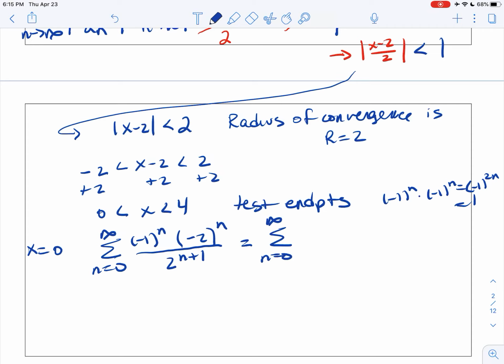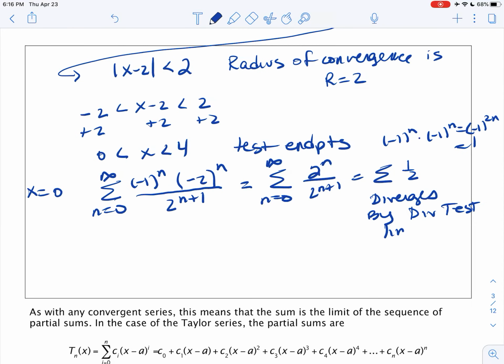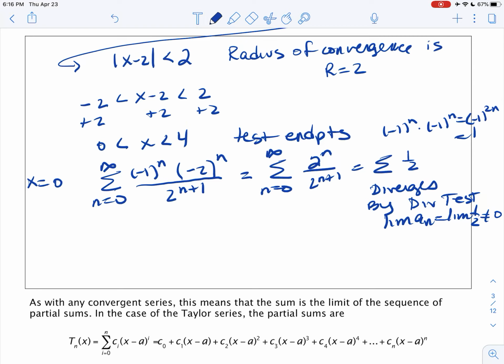Minus 1 to the n times minus 1 to the n is minus 1 to the 2n, and that's always going to equal 1. So we would reduce this to 2 to the n over 2 to the n plus 1. That's going to be a sum of 1/2, and this diverges by the divergence test, because my limit of a sub n equals the limit of 1/2, and that's not equal to 0, so my series does not converge.